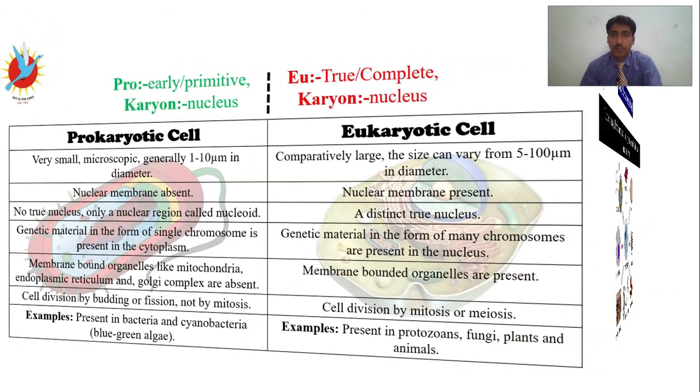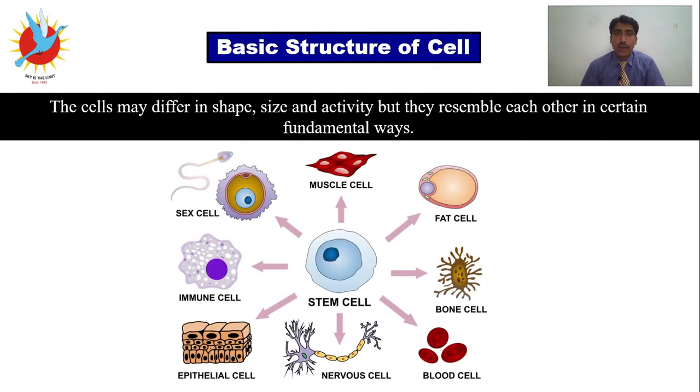Okay. So now we are going to discuss the next topic, which is the basic structure of the cell. Cells may differ or vary in shape, size, and activity, but they resemble each other in fundamental ways. Here you can see in this image, these are the different body cells.